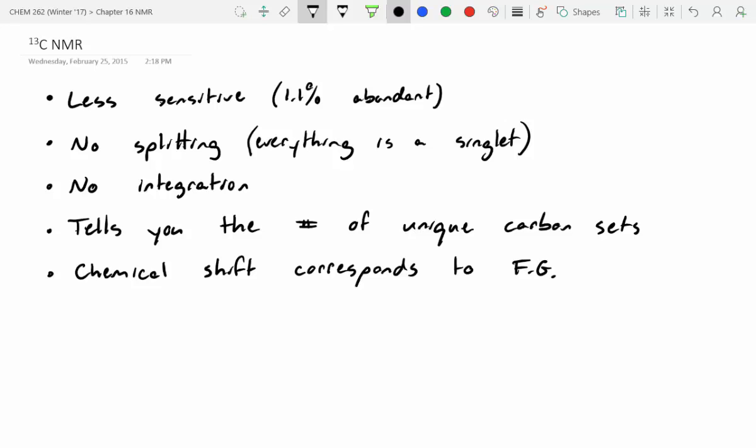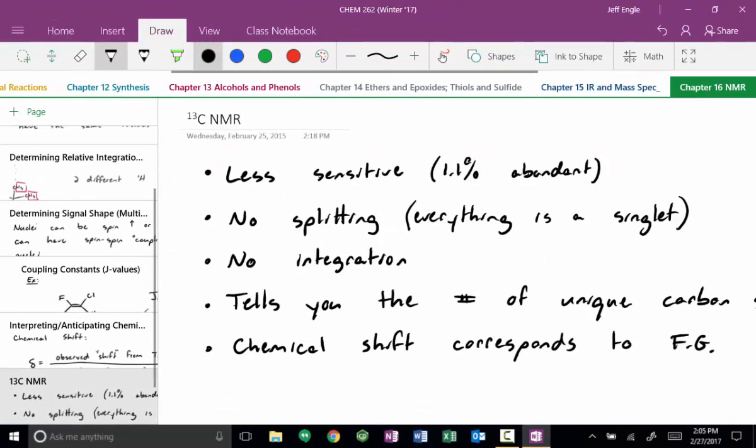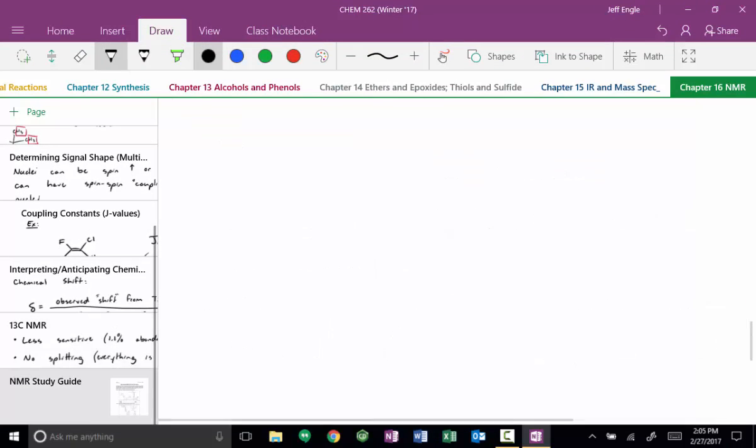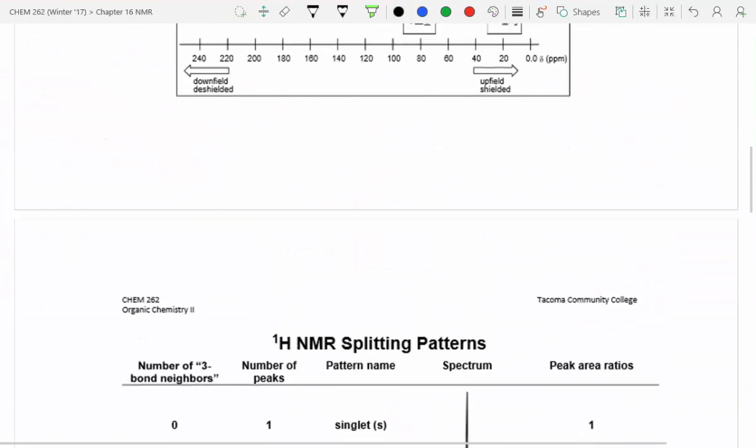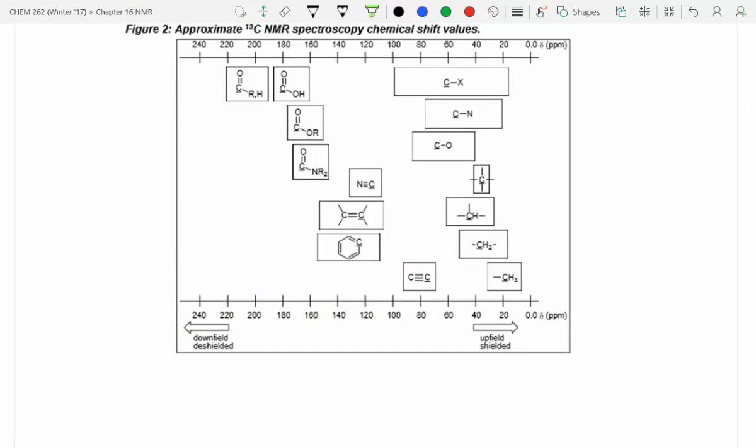If you go back to that cheat sheet that I gave you, that NMR study guide, and you go to the carbon NMR section, you can see that if you're looking for a carbonyl carbon, almost all of them show up in this really downfield region from about 160 to about 220 ppm.